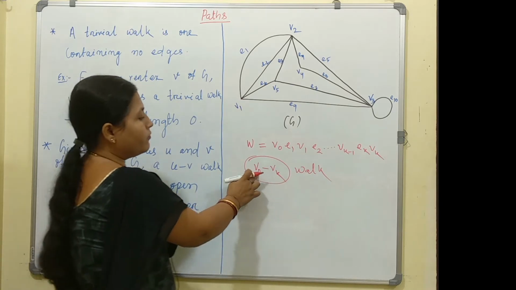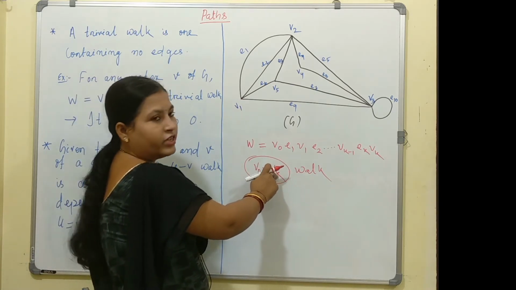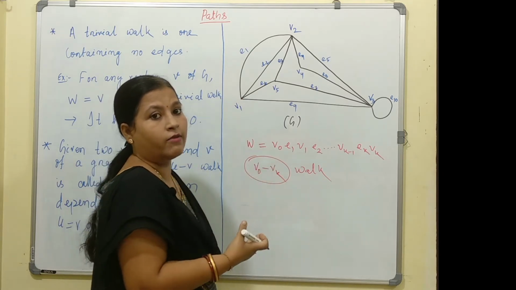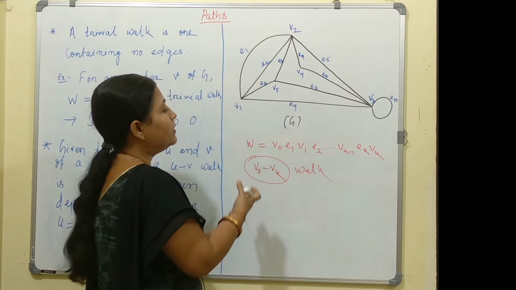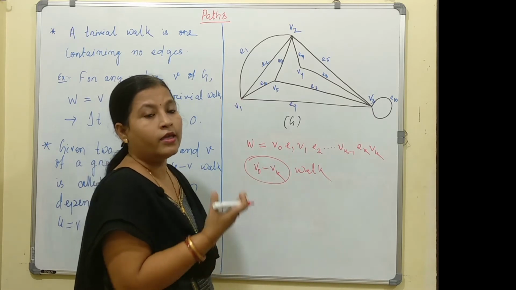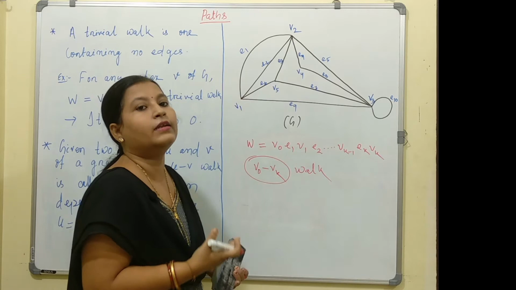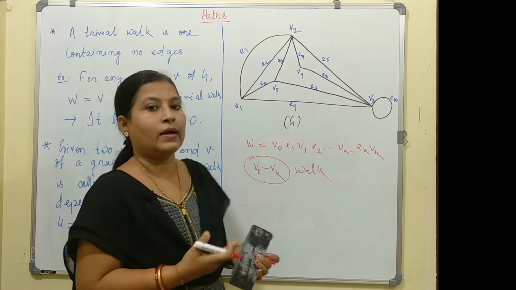So if V0 equals Vk, meaning the starting vertex (origin) and terminal vertex are the same, then it is called a closed walk. If the starting vertex and end vertex are different, then it is called an open walk.